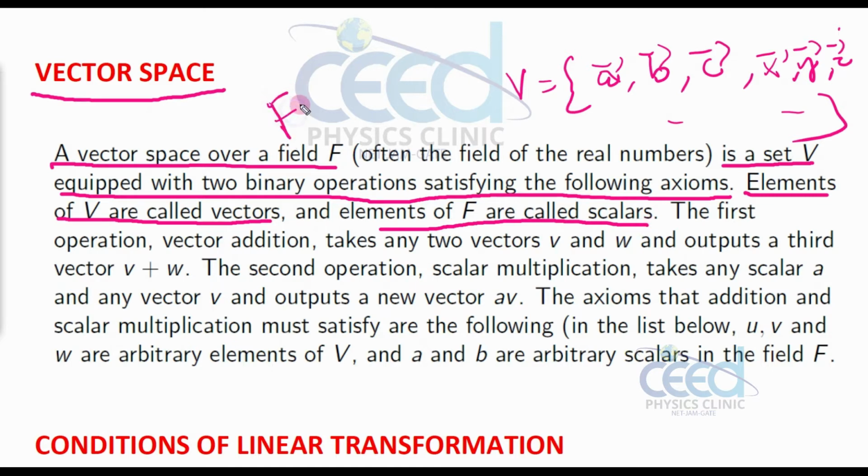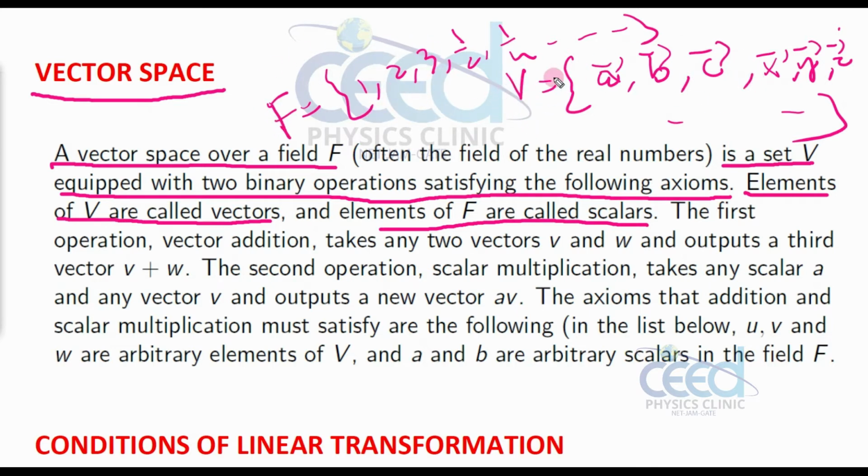F is a set of numbers, that is 1, 2, 3, etc., 1 by 2, 1 by 4, etc. All numbers, that is the scalars. So F is a set of scalars. To define a vector space, we need vectors and two sets.